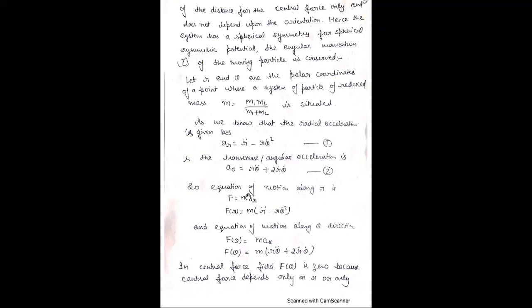And we know that radial acceleration is given by these terms. Radial velocity and radial acceleration I have discussed in unit 1. Here a_r is equal to r double dot and r theta dot.